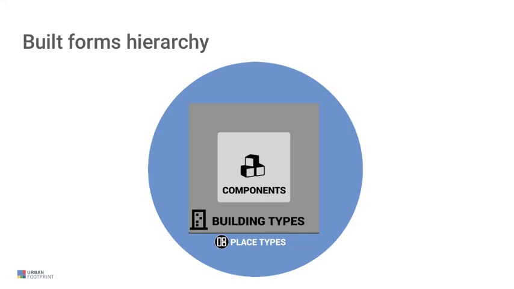And so this is how you conceptualize the hierarchy of all these different types. Components are parts of building types are parts of place types. And obviously, as we said earlier, your components could directly contribute to a place type, but they all nest within one another and help you to understand how to apply them as you're working through your project development, or if you're creating new types to use in your project.